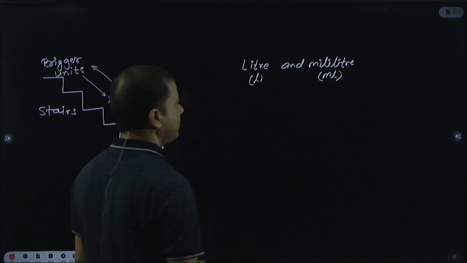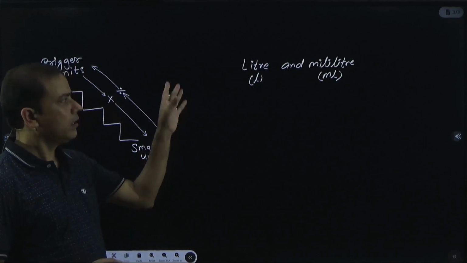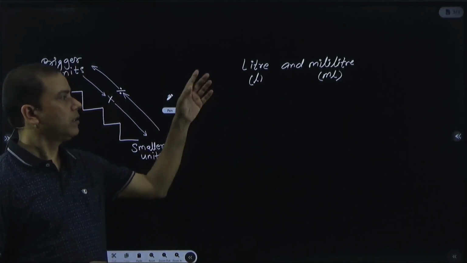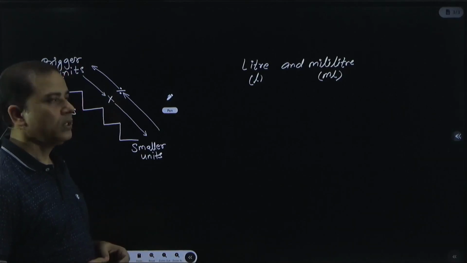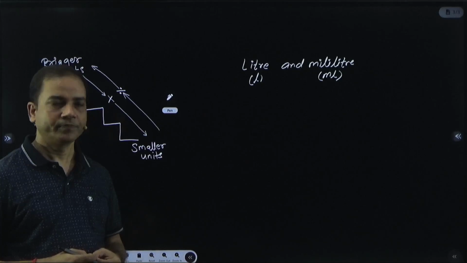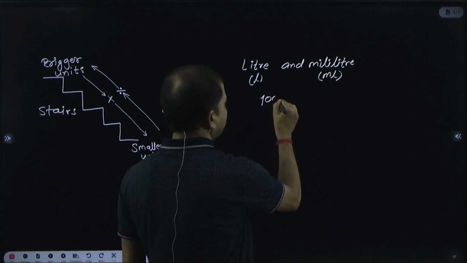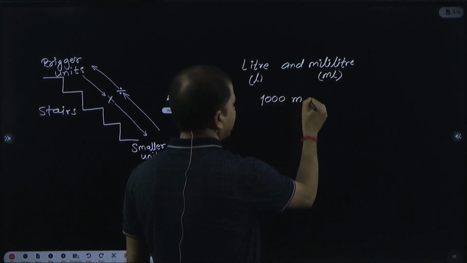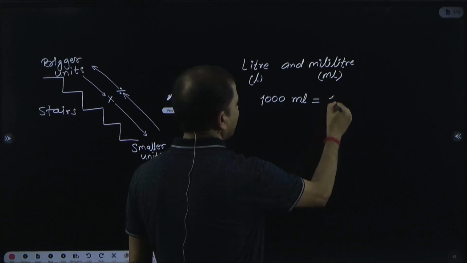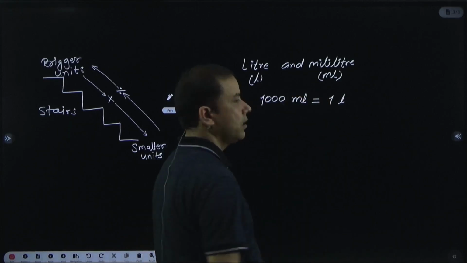These are the short forms. If you want to change liter to milliliter, or milliliter to liter, you need to know the relation between them. What's the relation between them? The relation is this: 1000 milliliter equals 1 liter.